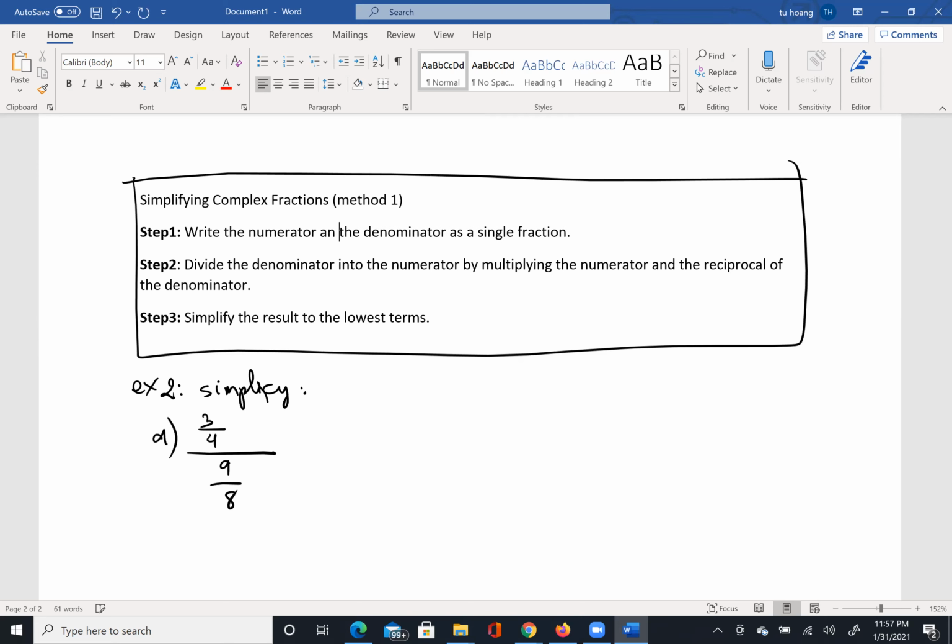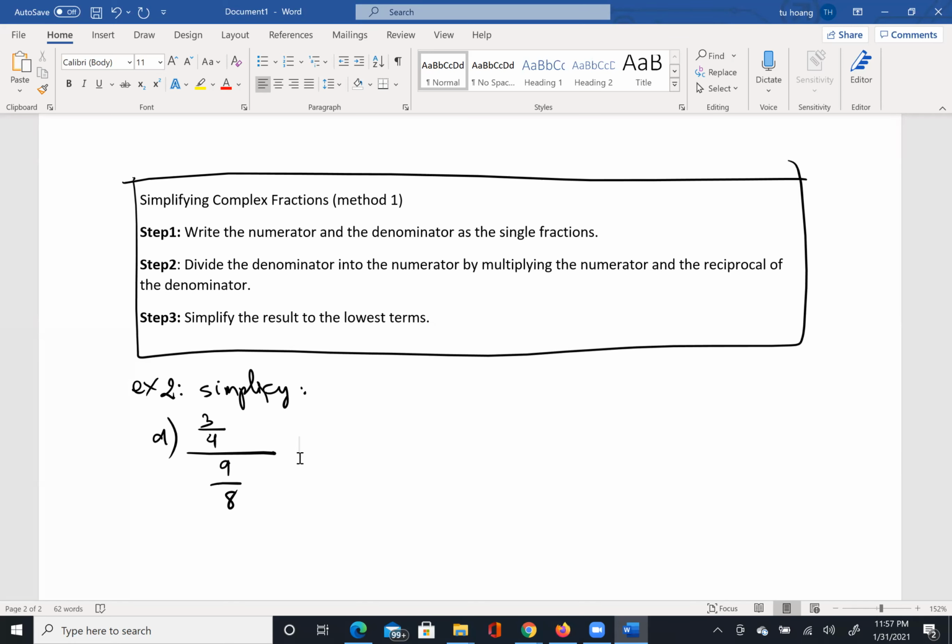For this problem we can skip it, because it has a single fraction for both denominator and numerator already. So we don't have to worry about step 1.